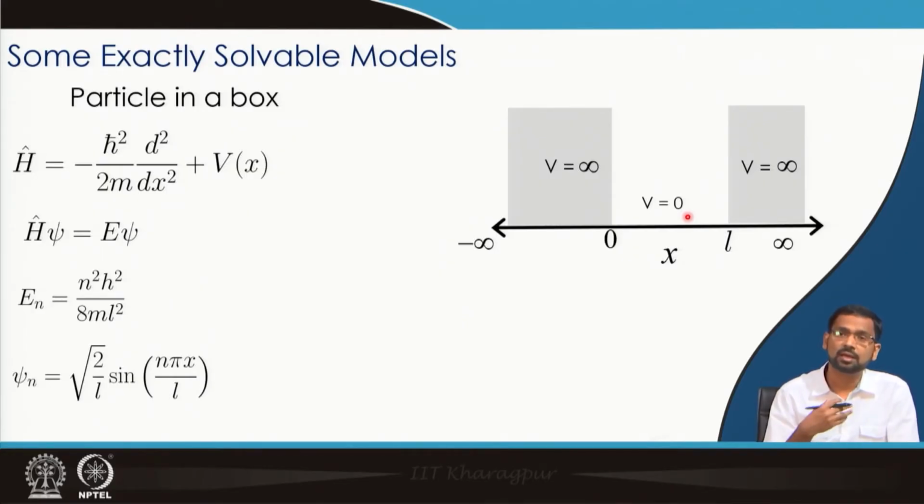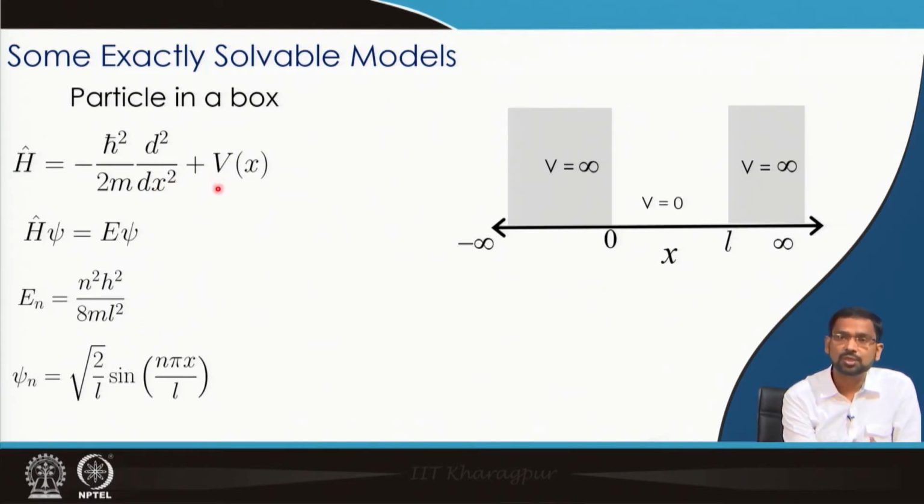So, it has a kinetic energy, and you have to write down the kinetic energy operator. Quantum mechanics tells us how to write the kinetic energy operator. It is simply p square by 2m, and we know the quantum mechanical definition of the linear momentum operator p. When you do this, we get the kinetic energy operator as shown here, plus the potential energy.